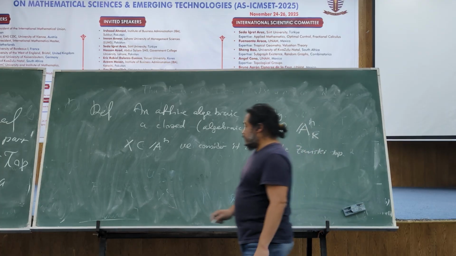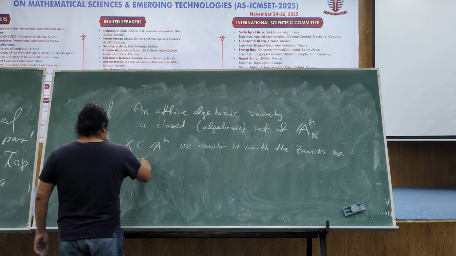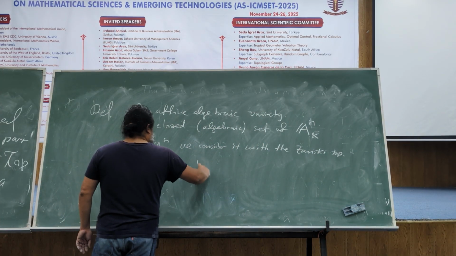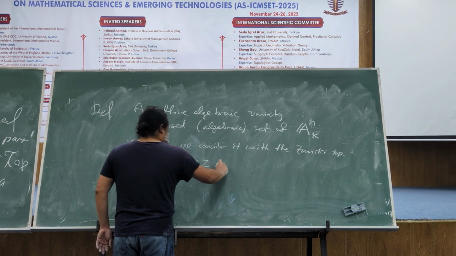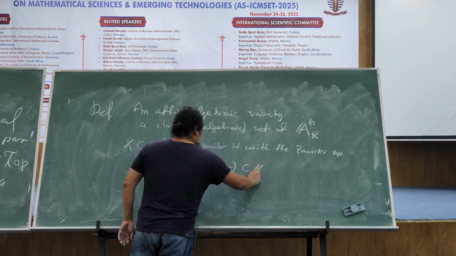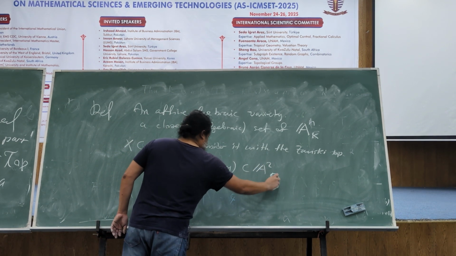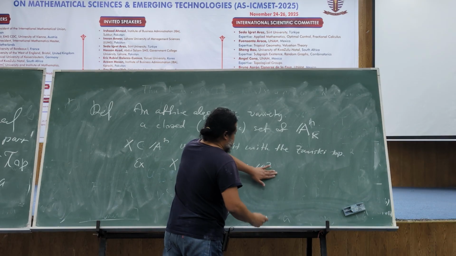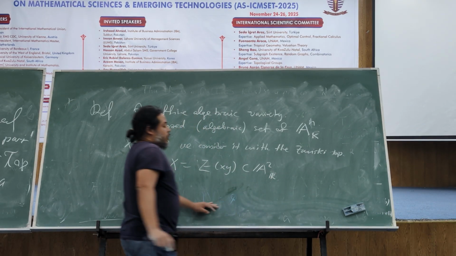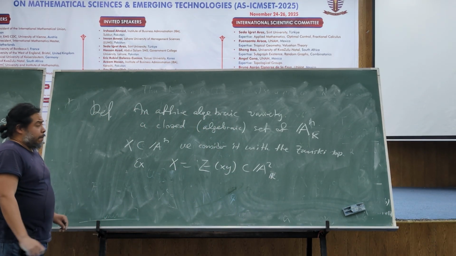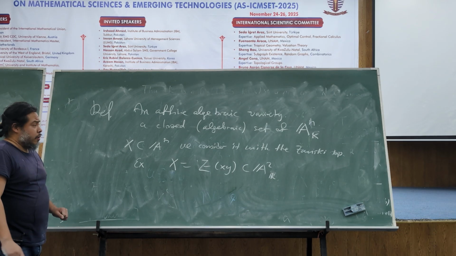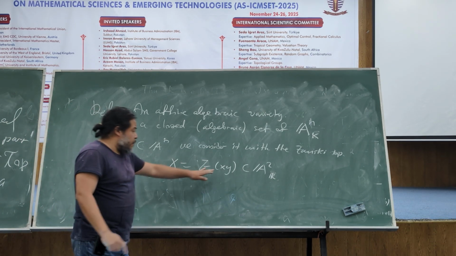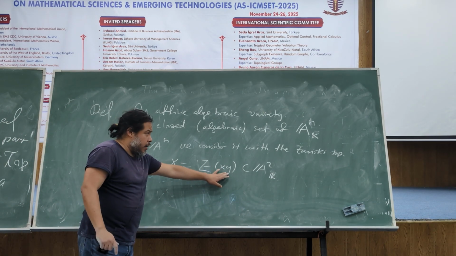Example. Let me put here R just to see the picture. So this is the polynomial xy.